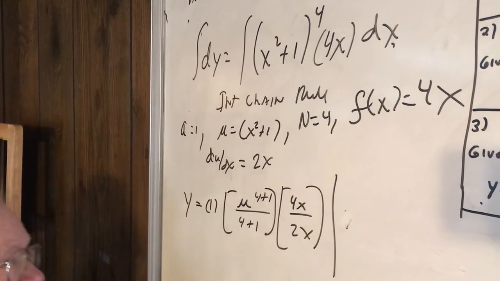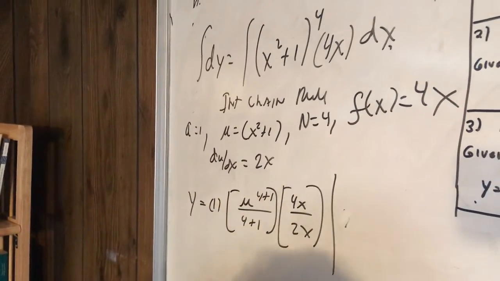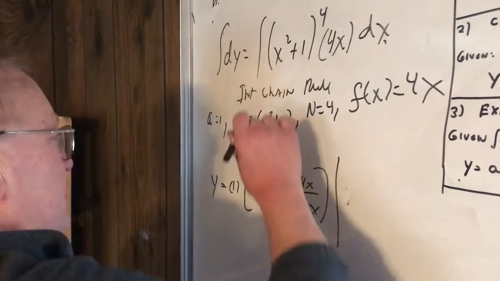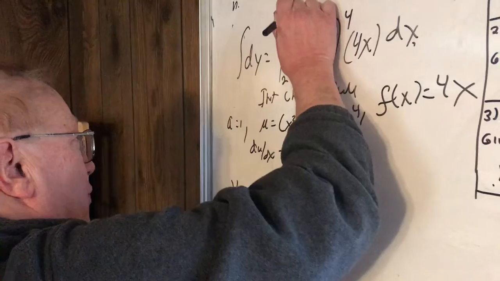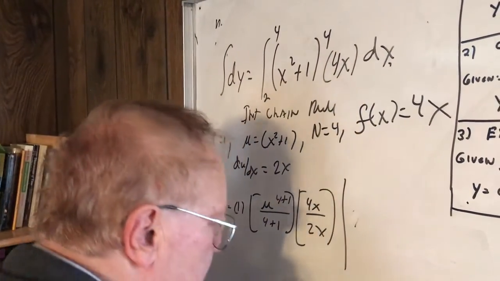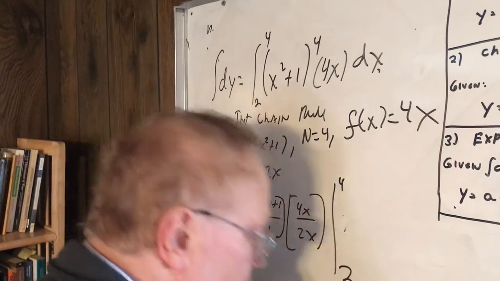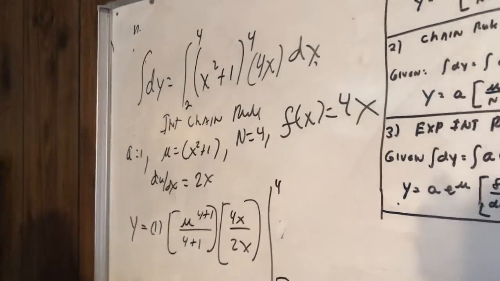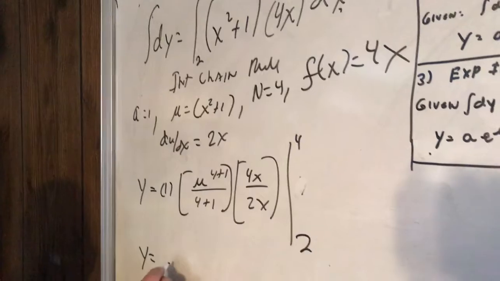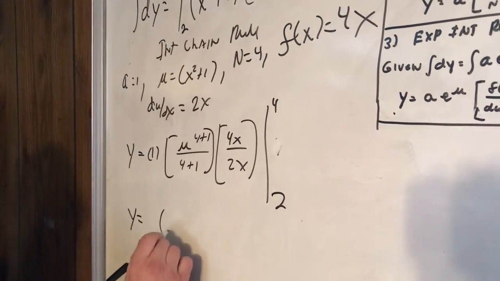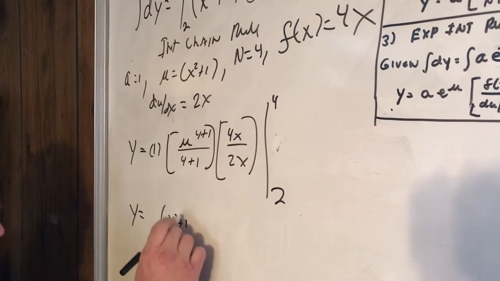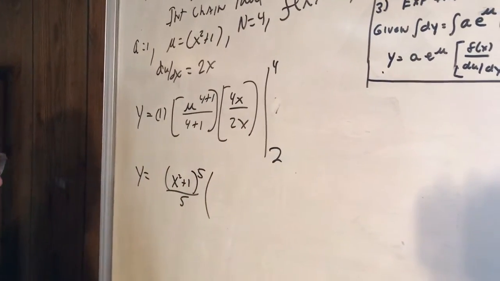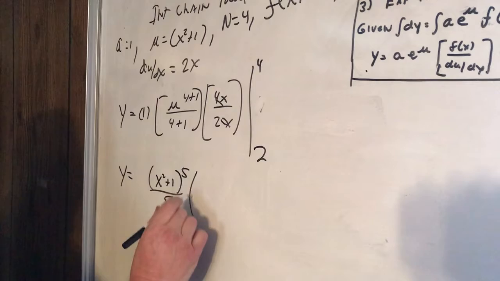Okay, I forgot to put the constants of integration here. Okay. So let's see what we get here. Plugging in the u, u is x squared plus 1, to the 5 over 5, times 4x divided by 2x is 2.